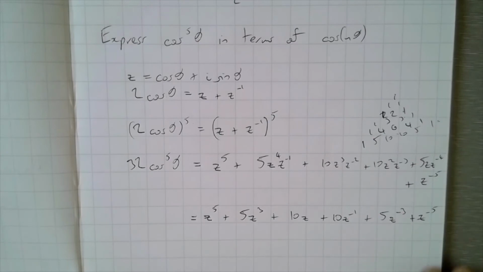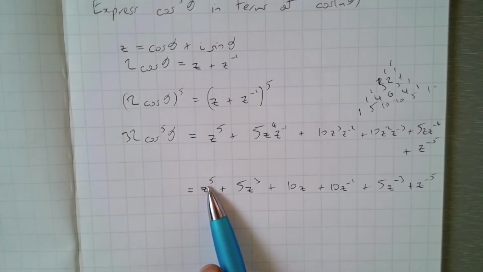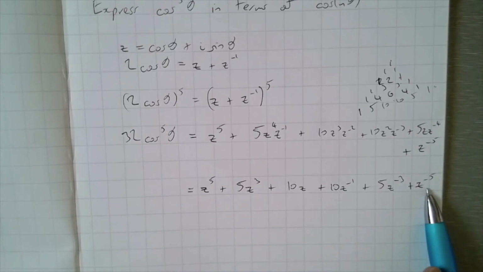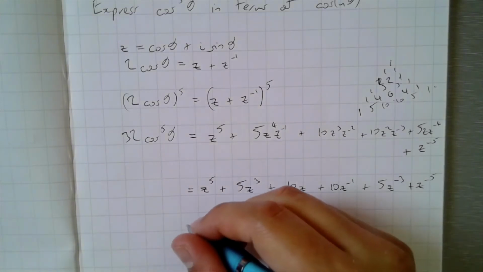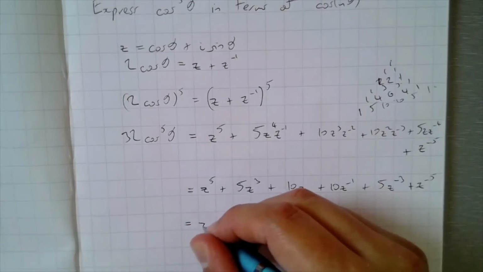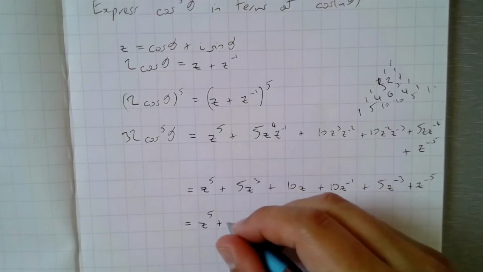Okay, so if you haven't already noticed, this creates quite an interesting pattern. I've got a z to the 5 here, and I've got a z to the minus 5 here, I've got a 5z cubed here, and a 5z to the minus 3 there, etcetera. And so I can put these things into their natural pairings. So I've got z to the 5 plus z to the minus 5.